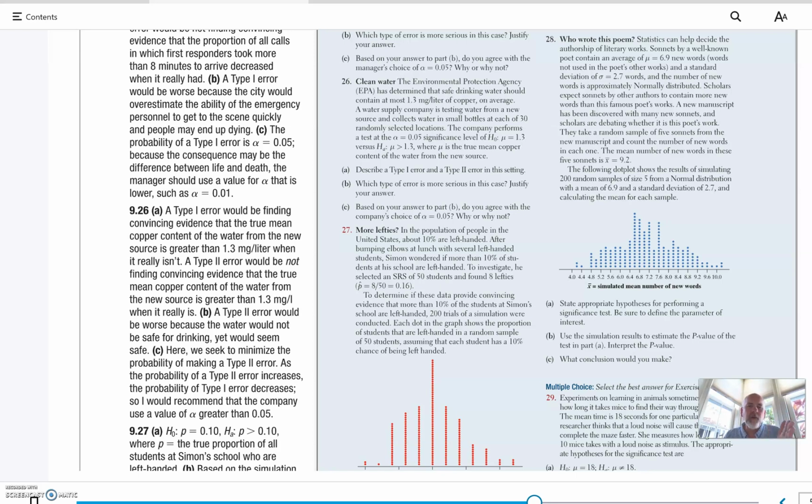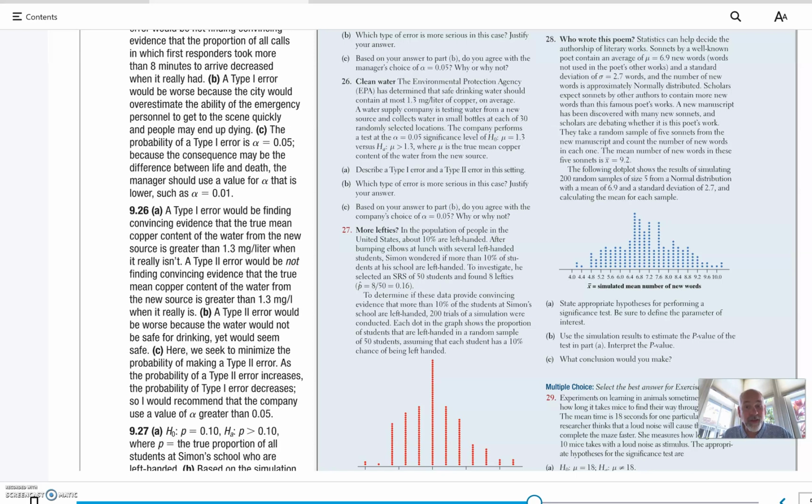We make it as easy as possible to reject the null if it's actually false. And so we would like an alpha of 0.1.